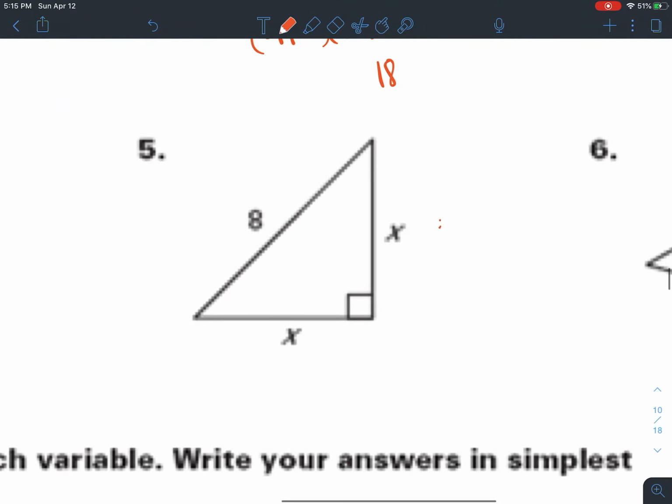So here, I'm going to have A, and A square root 2. So my question here on this one is, how do I get from the hypotenuse back to the leg? And you can think of it as taking away the square root of 2, but really that operation is division.